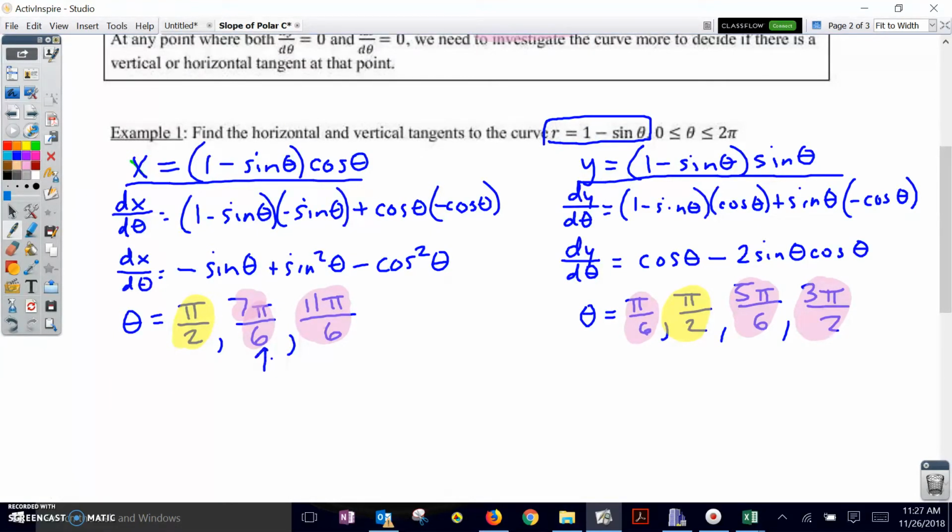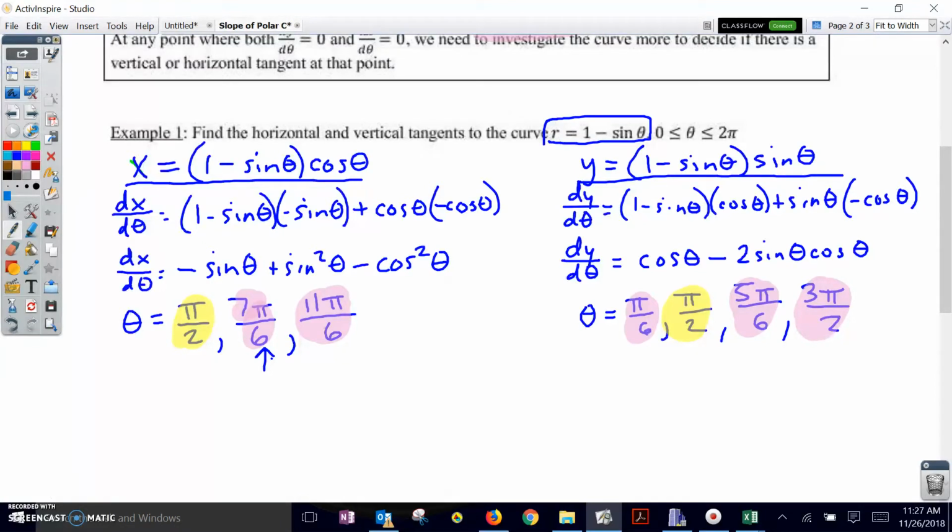Alright, so if I put 7 pi over 6 in here, the sine of 7 pi over 6 is a half, times the cosine of 7 pi over 6. Oh gosh. Let me try that again. The sine of 7 pi over 6 is negative 1/2. So that's going to be 3 halves.